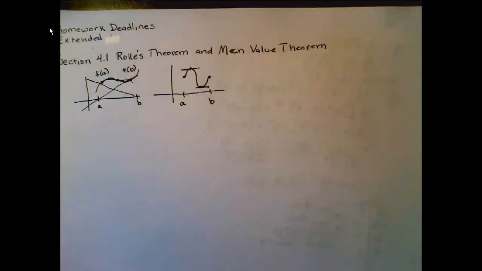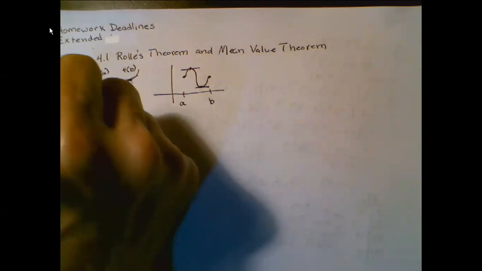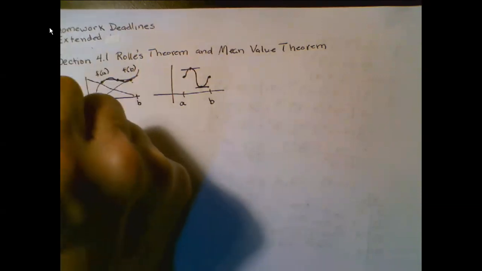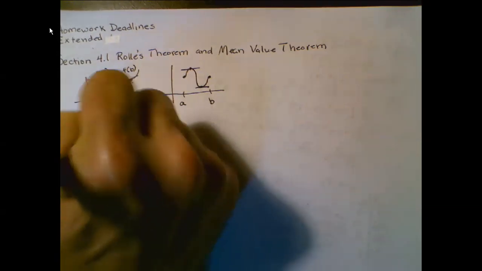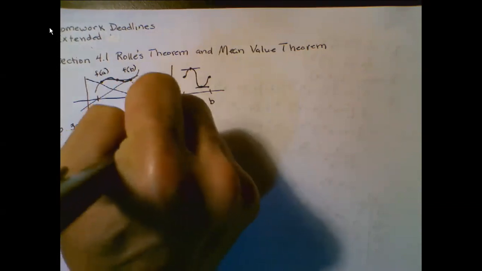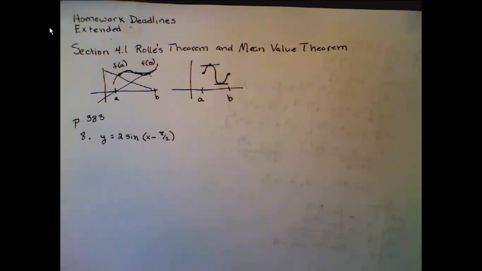In 4.1, let's say number 8. Now I'm doing this just a little bit differently than if we were going to graph it on paper and turn in our work. That's what I would prefer. But I'm going to make sure you understand how to graph these on MyMathLab.